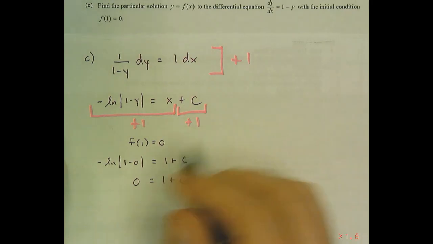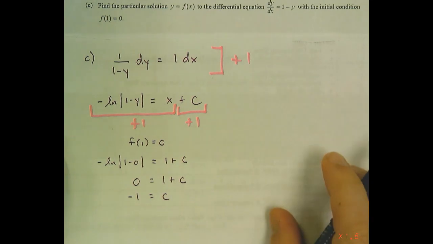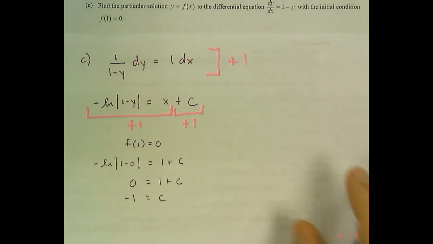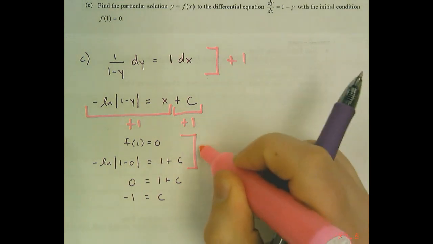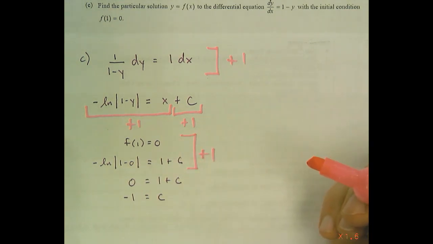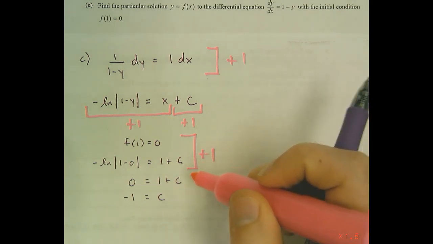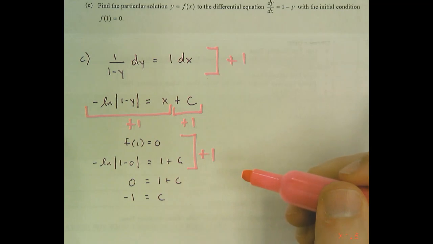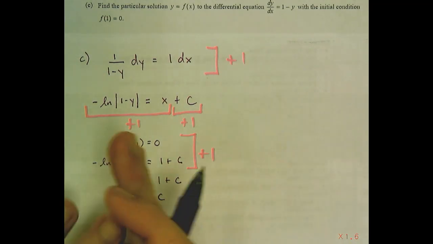So we find that in this case, negative 1 is equal to c. Okay? So you're going to get the plus 1 for accounting for the initial condition, and I do believe they'd give you credit if you plug it into the wrong equation. You're doing the right thing. Now in our class, I oftentimes solve for y first, so I'm going to show that to the side in case that's the approach you took.